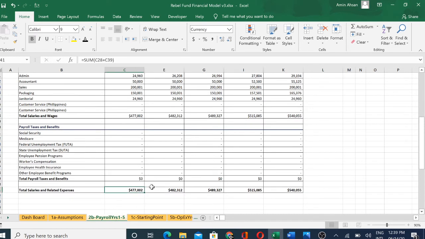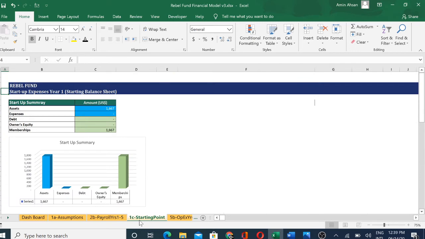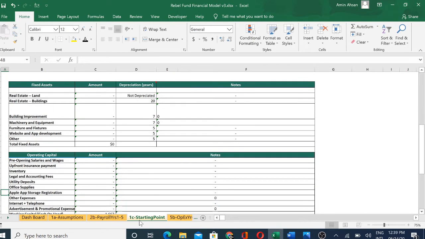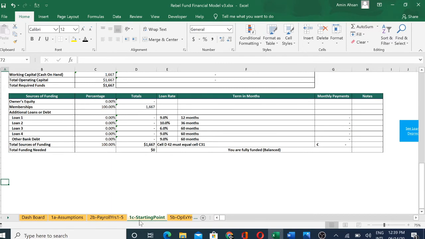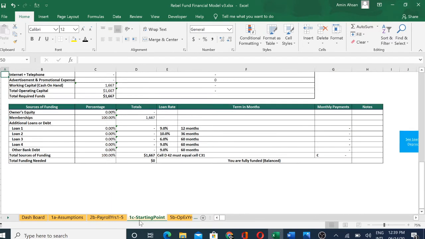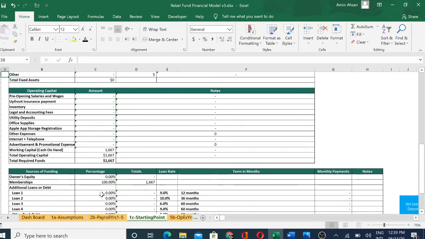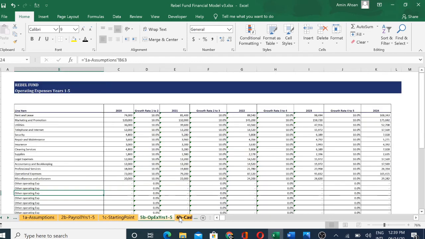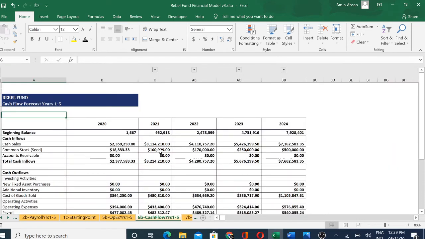Although this sheet is linked with the income statements, this is the starting point. So there is no need to change anything in this sheet. If you enter the information in the assumption sheet, that will be reflected in this sheet here. So this is the operating expenses. You know the operating expenses in the income statement. This is the cash flow.